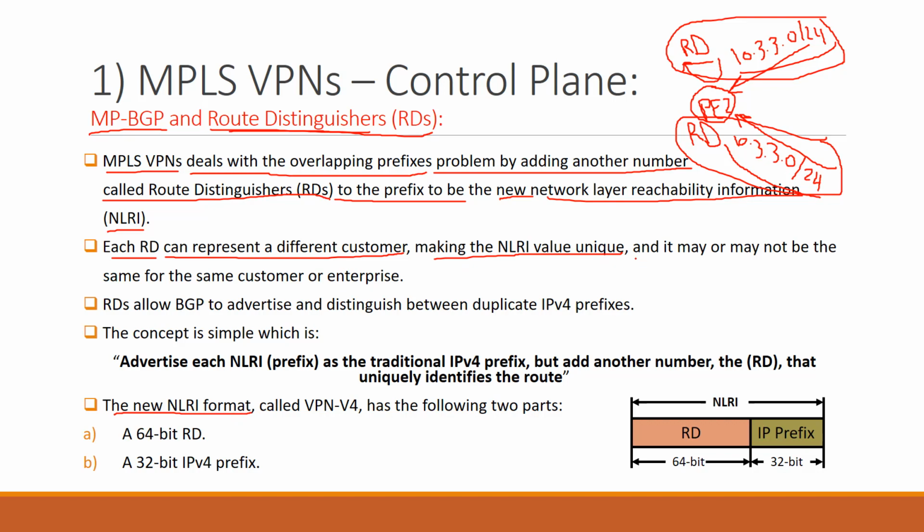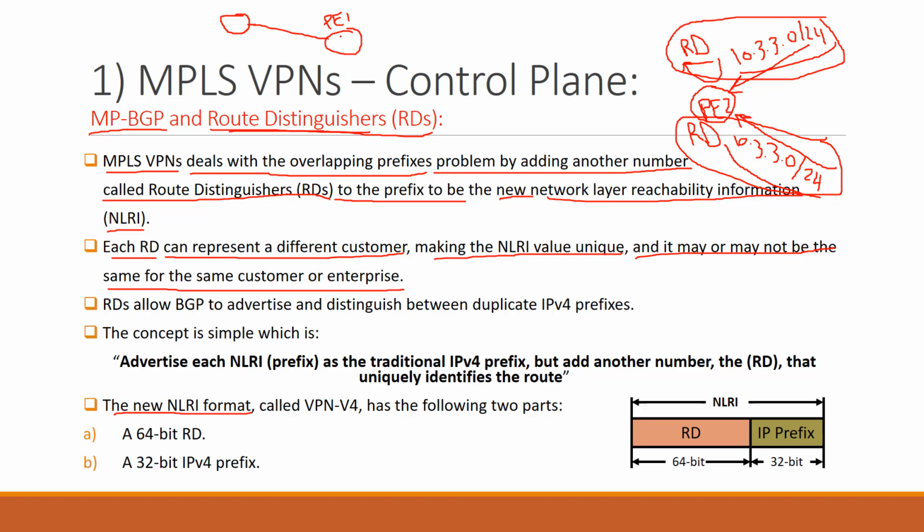So as we said, the RD values may or may not be the same for the same customer or enterprise, because BE1 will use VRF1 for customer 1 site B, and BE1 is also connected to a customer edge that belongs to enterprise 1, so it will have a VRF dedicated for this customer.